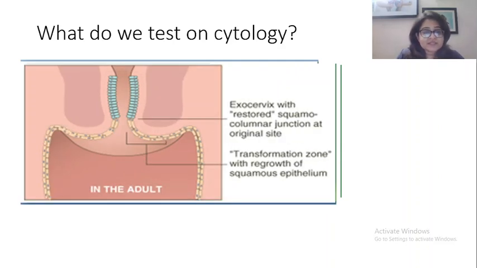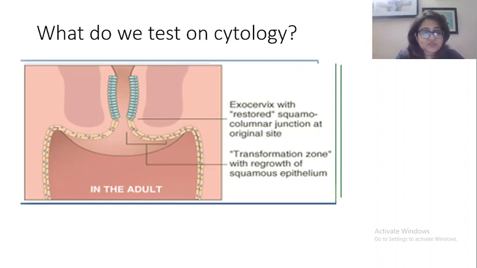That means the cells of the columnar epithelium which was exposed on the ectocervix undergo metaplasia, and this area is called the transformation zone. The area between the old squamocolumnar junction and the new squamocolumnar junction, right from here till here, is called the transformation zone or the TZ.